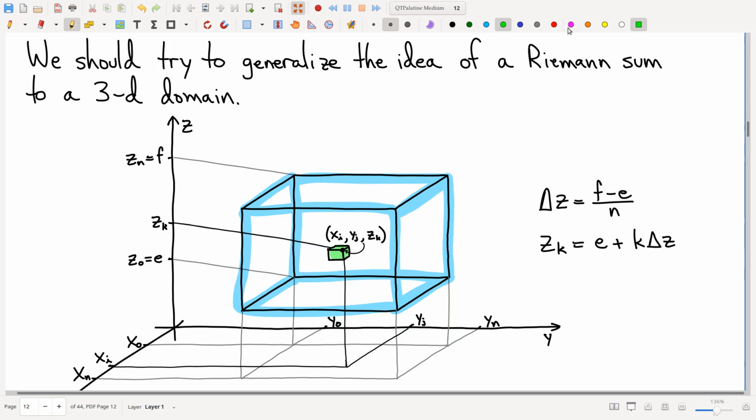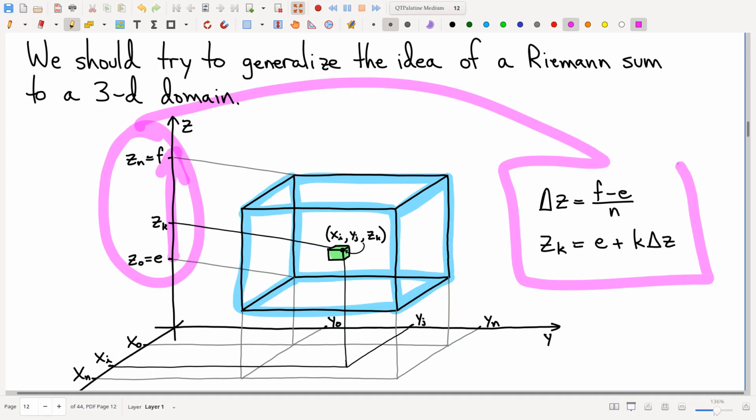I can talk about when I slice up the interval from E to F on the z-axis. I can talk about what those slices look like. We've already talked about how to slice up on the y-axis and how to slice on the x-axis. We did all of that stuff with double integrals. That's all exactly the same.